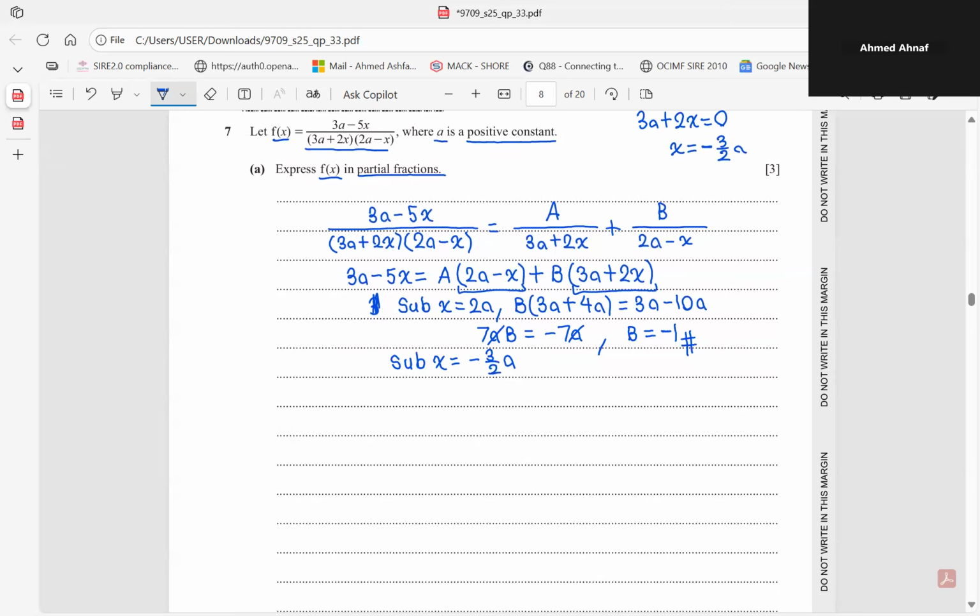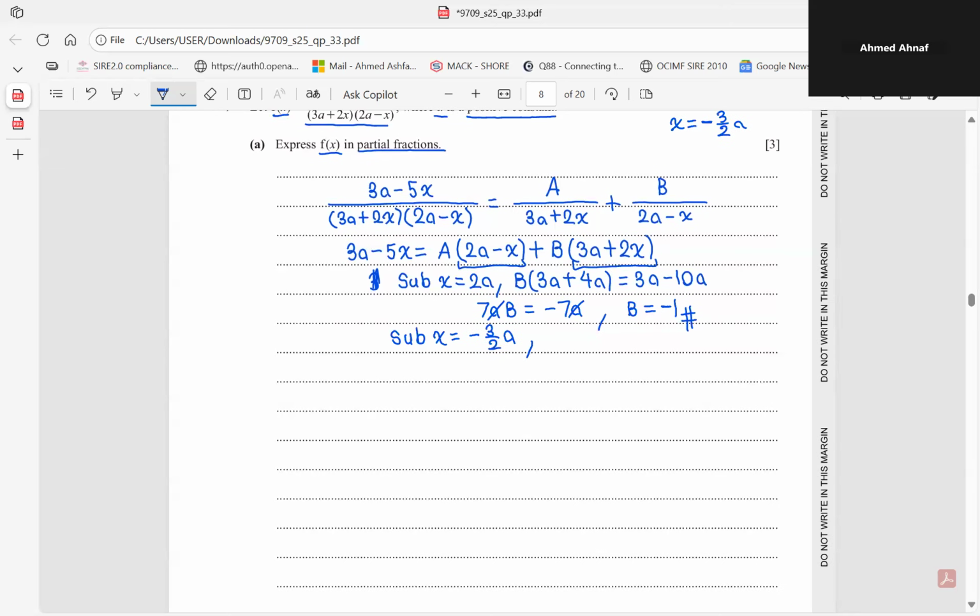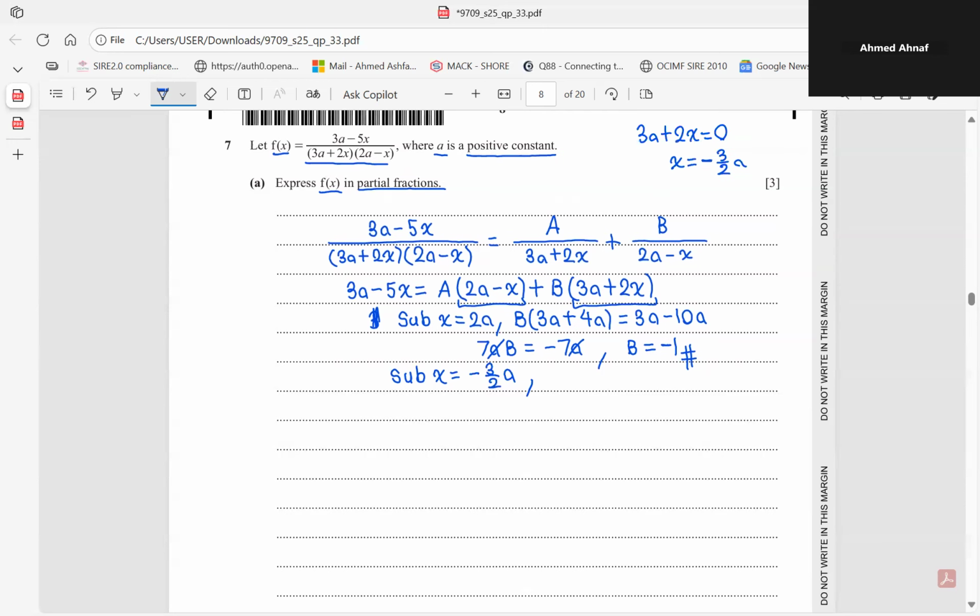Okay? So substituting that, you will get a times 2a plus 3 over 2a equals 3a minus 5 times negative 3 over 2a.